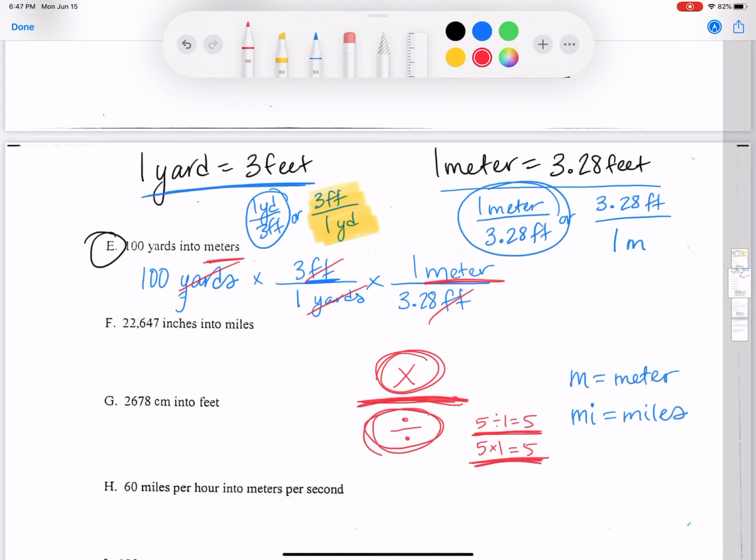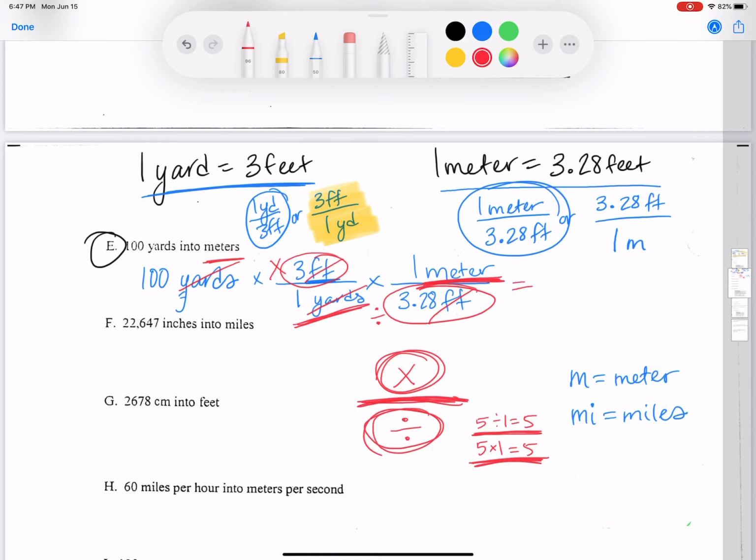So notice what's happened here. We have 3 in the numerator, so that means times 3. And then we have 3.28 in the denominator, so that means divided by 3.28. You're not going to do anything with this 1 yards or this 1 meter. You're not going to do anything with that in your calculator because it's not going to affect it. Saying divided by 1 or saying times 1 doesn't affect your calculation.